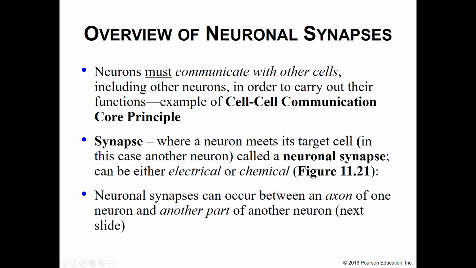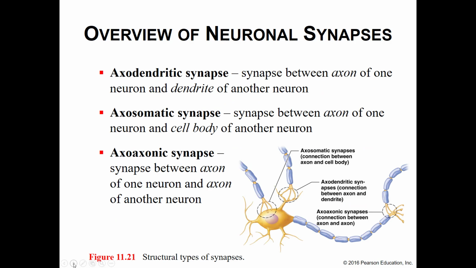But a unique feature of the nervous system is the fact that we also have electrical synapses in the nervous system. You can have many different synapses with an axon. You can have axon dendritic synapses, so that the axon synapses with a dendrite.